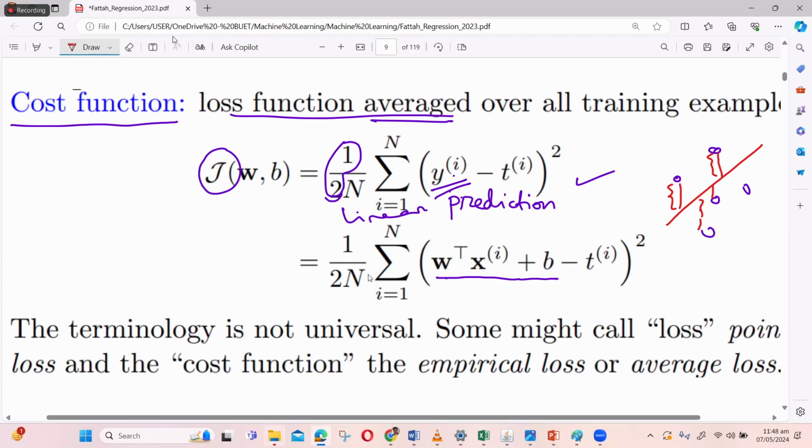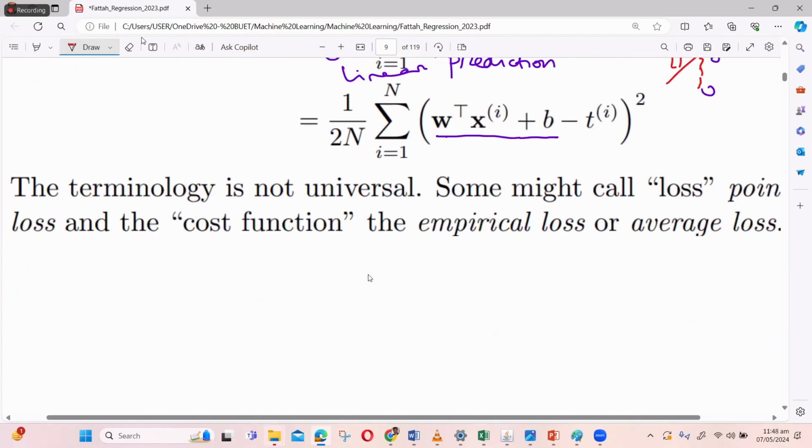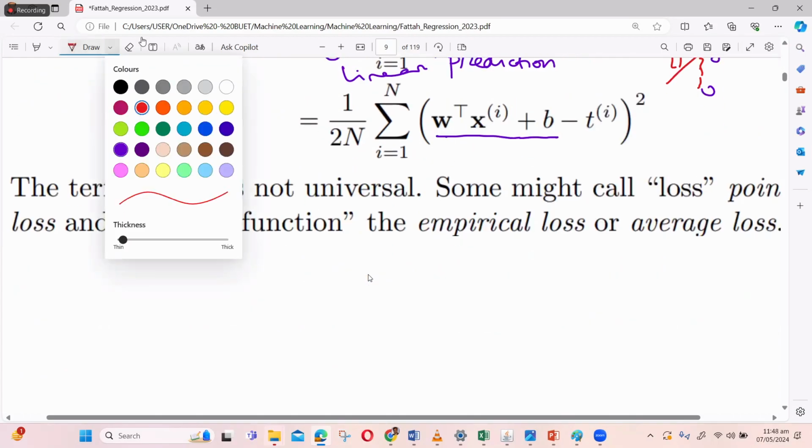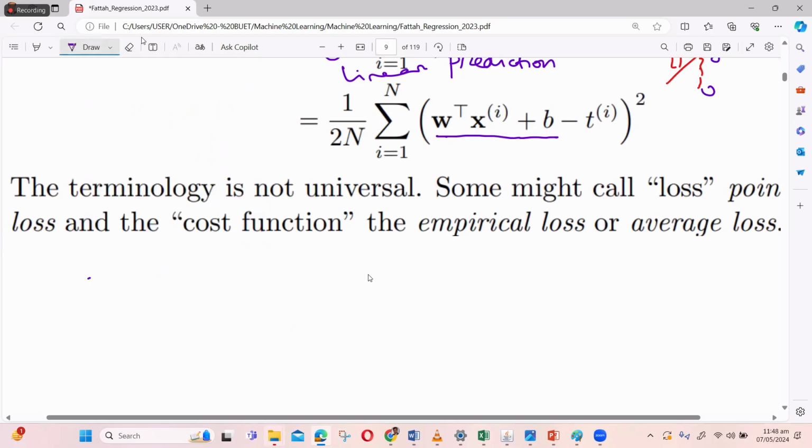That's your objective. So if that is your objective, then what will happen? When you get an error J, let's see, you are now at this point and you are getting this error.